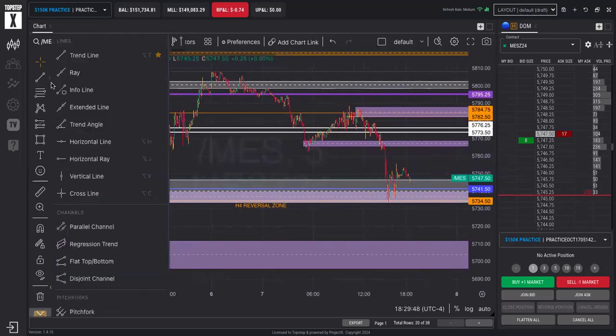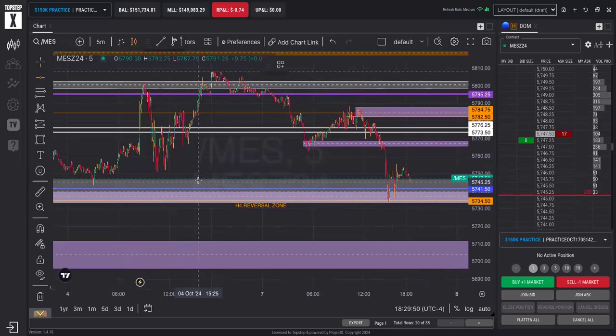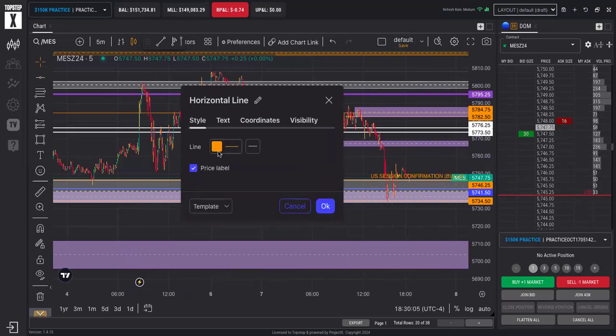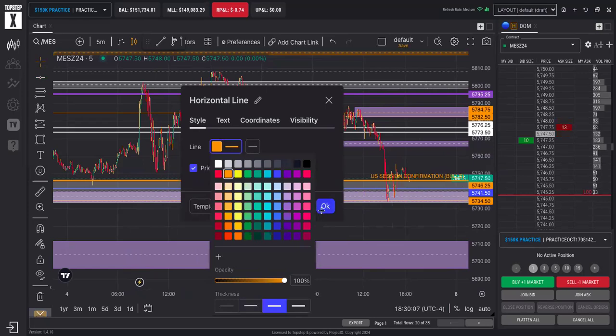So let me put a gold line just at the top of that order block and put US session confirmation. We're putting that to the right, putting it on top, making the line go, bam.